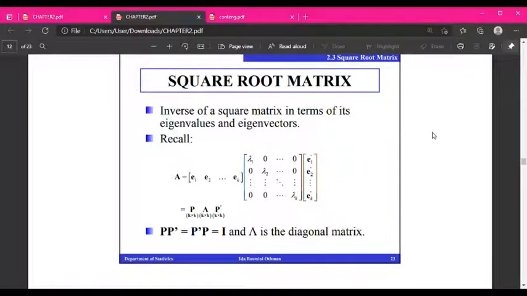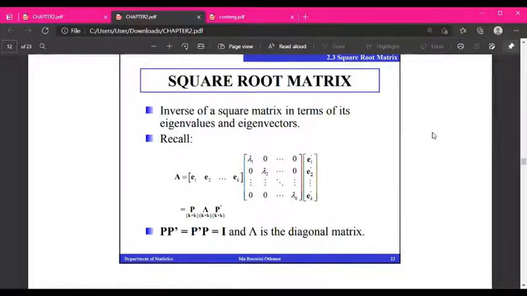Which is actually a summation of lambda multiplied by the normalized eigenvectors multiplied by the transpose of the normalized eigenvectors.